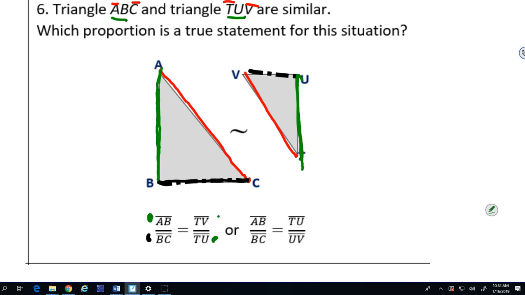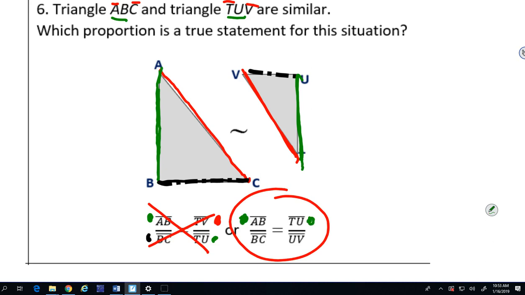And TV is actually red. So could the first one work? It doesn't match. You've got the red with the black, and the green with the black, and the red with the green. So it's not that one. So it must be this one. But let's double check. AB is green.